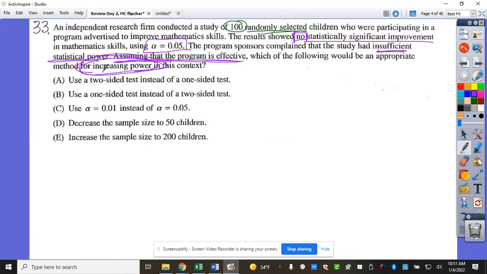The only thing that matters in this whole problem is basically how do you increase power. We usually talk about three things together: power, alpha, beta. What usually goes here when I do this thing?